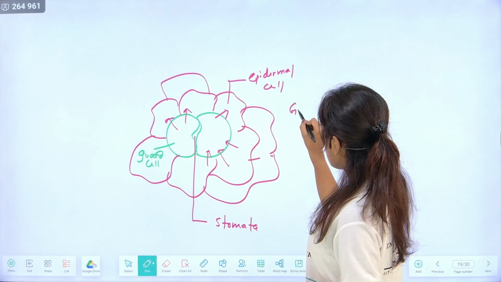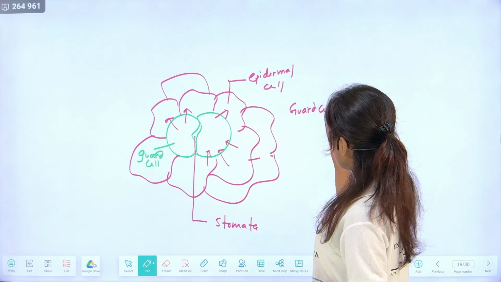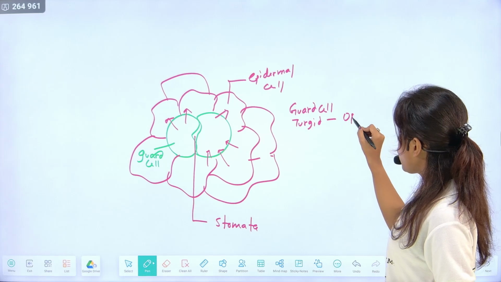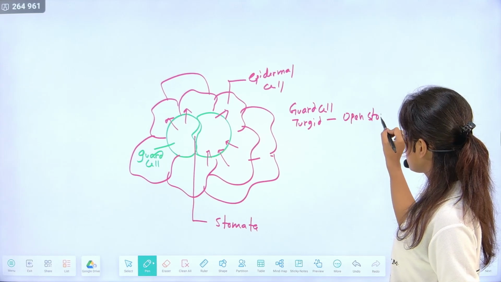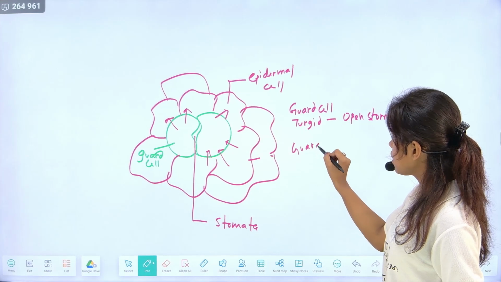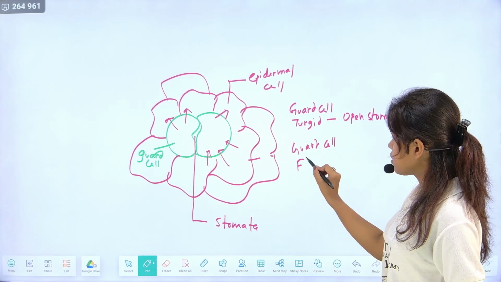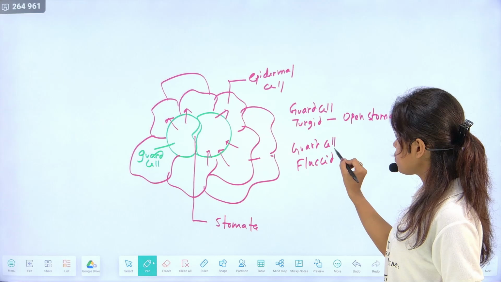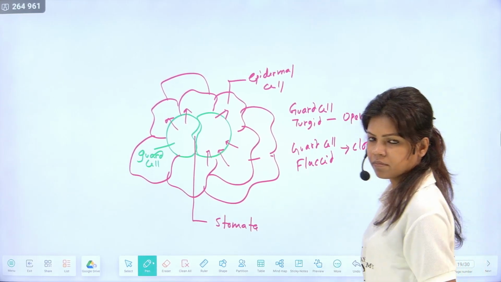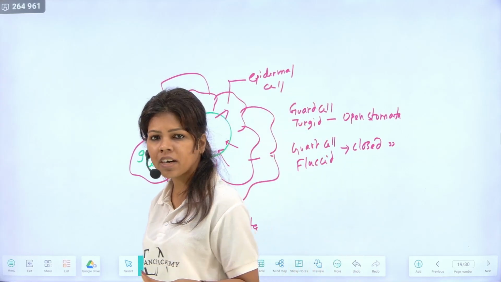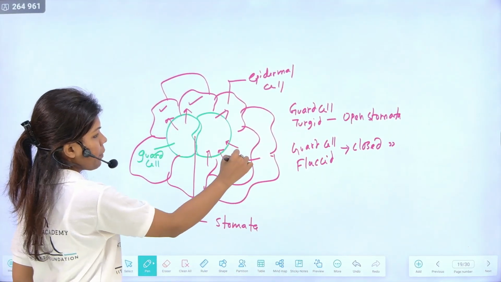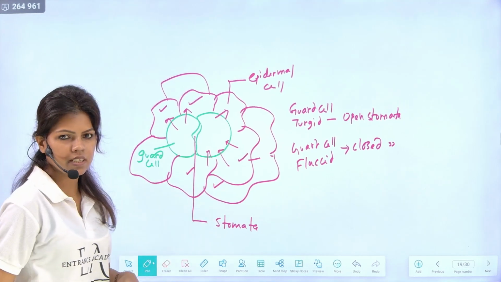So, guard cell turgid means open stomata, while guard cell flaccid means closed stomata. And from where will the guard cell get water to become turgid or flaccid? From the epidermal cells surrounding the guard cell.